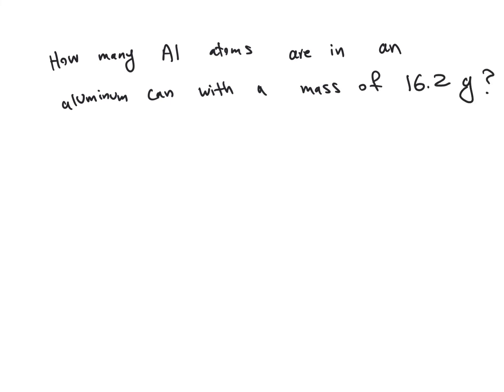Okay, what do you want to find? Aluminum atoms. Exactly. You want to find the number of aluminum atoms, however you write it that you're comfortable, equals 16.2 grams of aluminum, right?